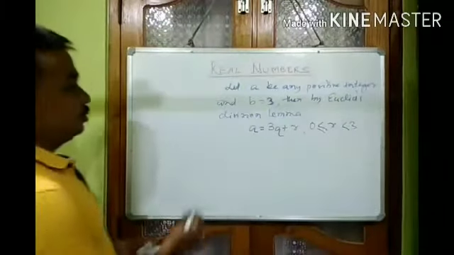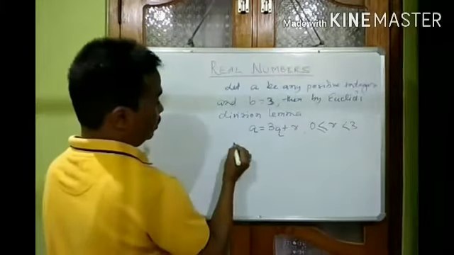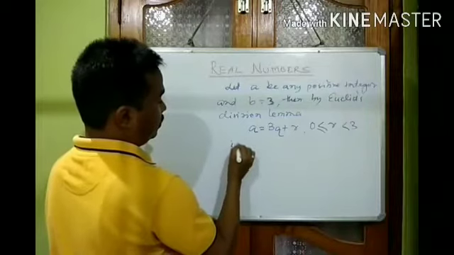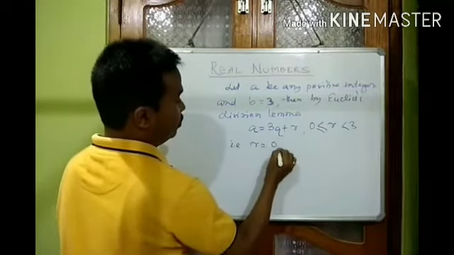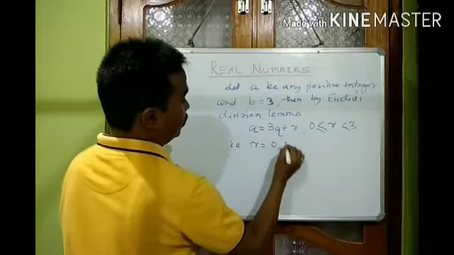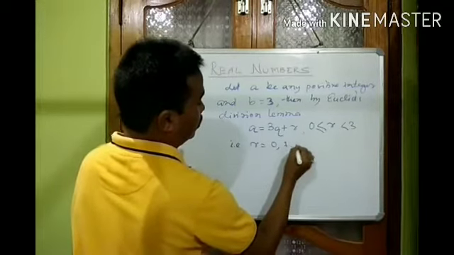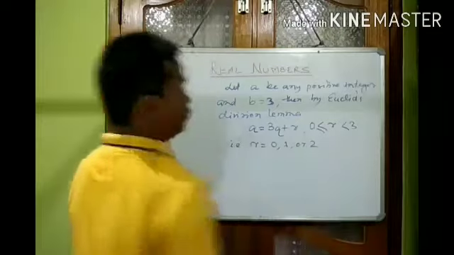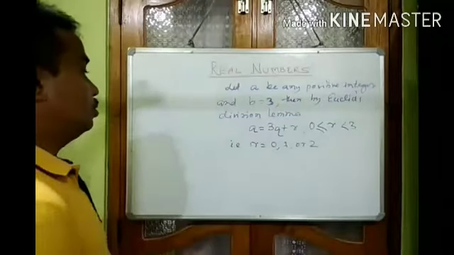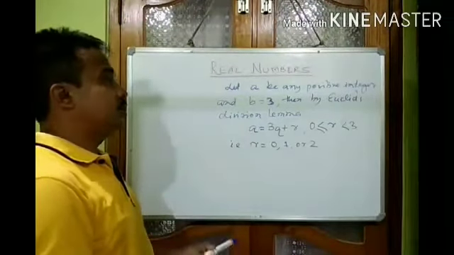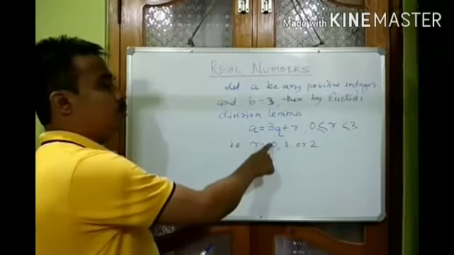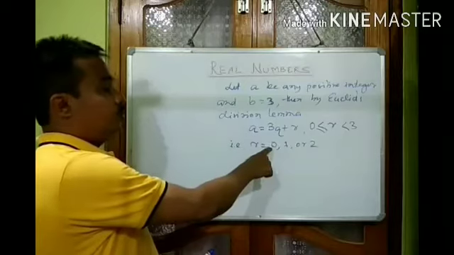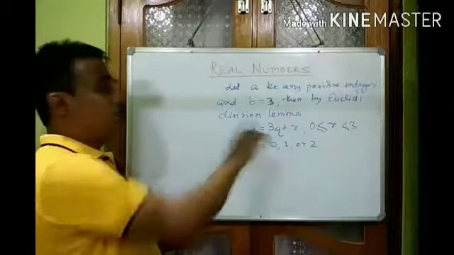So therefore we can say r can be equal to 0, 1, or 2 at most. So these three cases arise.